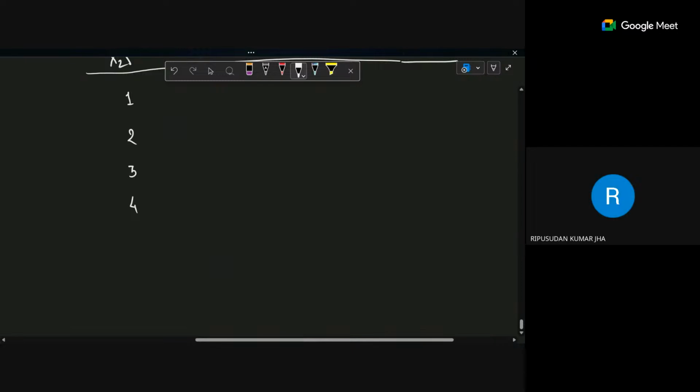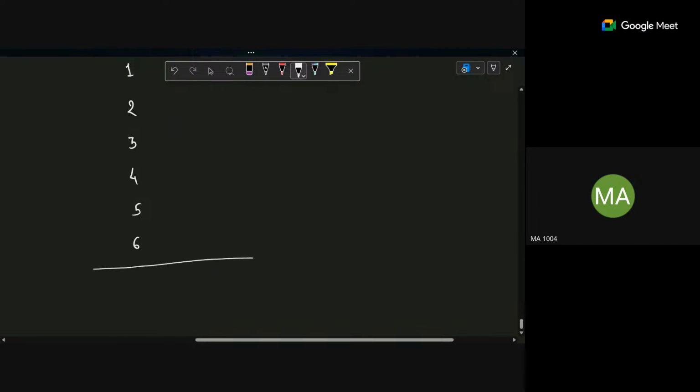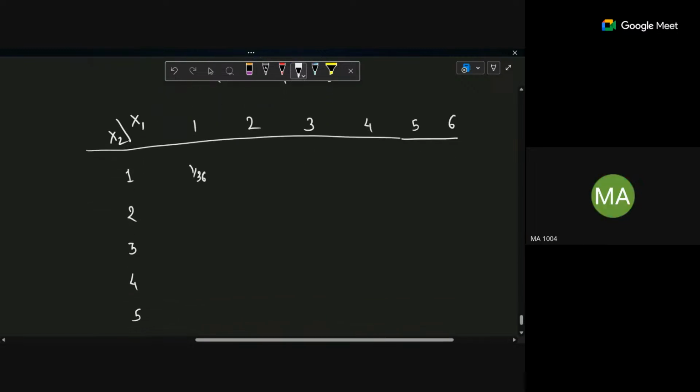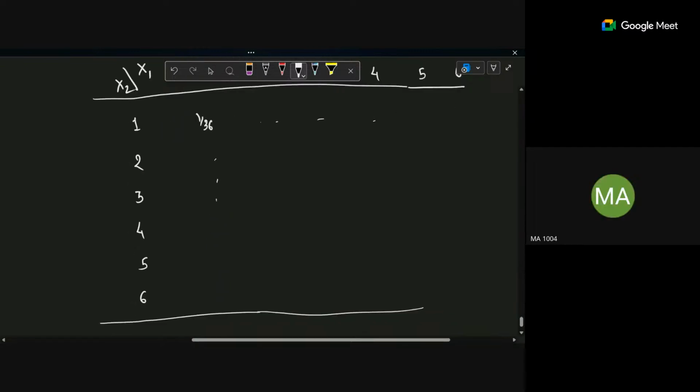Because all were independent, and you have used a fair die. 1 by 36 for all the values, so I am not writing it. Is it fine? Yes. Okay.